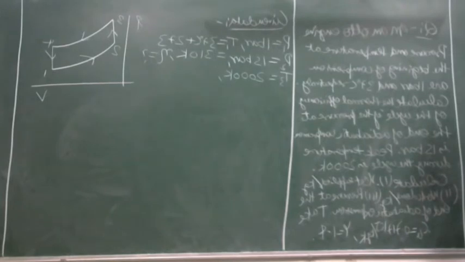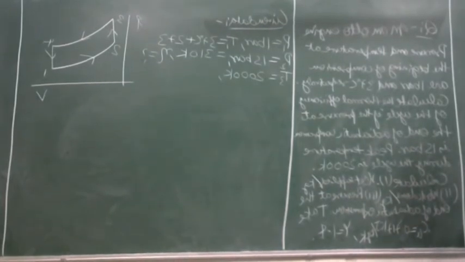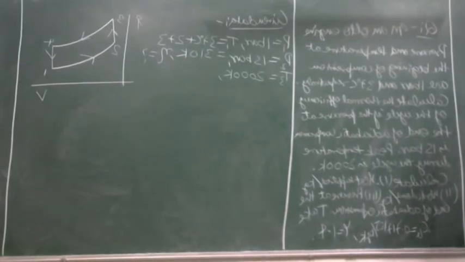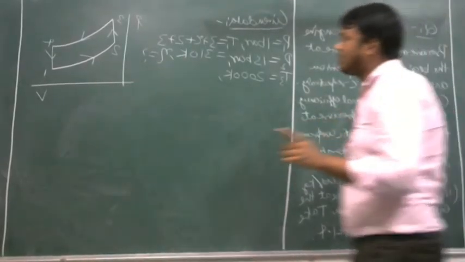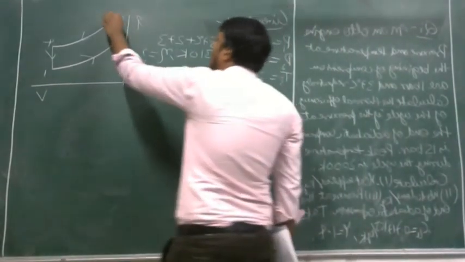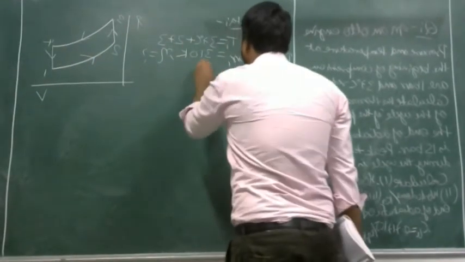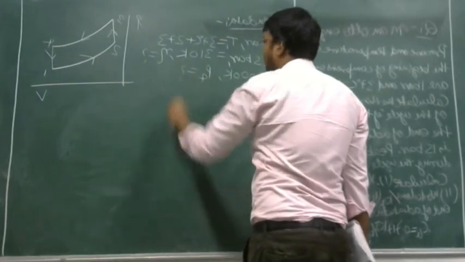So we have to calculate heat supplied per kg, work done per kg, and pressure at the end of adiabatic expansion. Adiabatic expansion takes place from 3 to 4, so expansion ends at point 4. So P4 is also asked here.